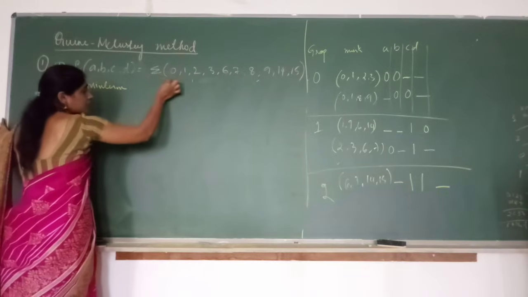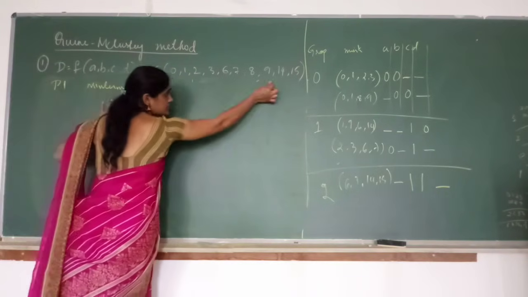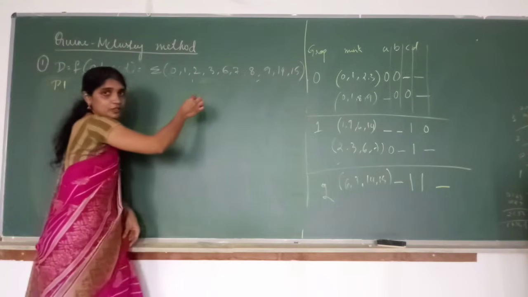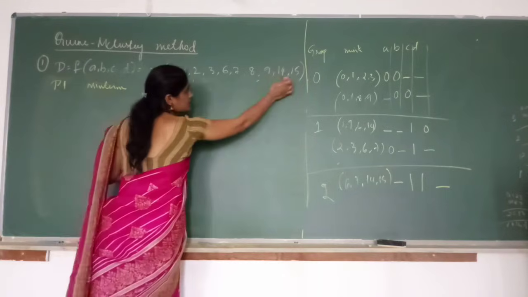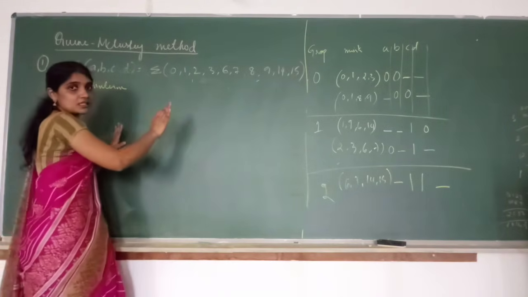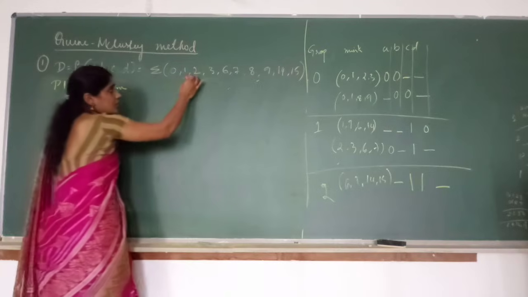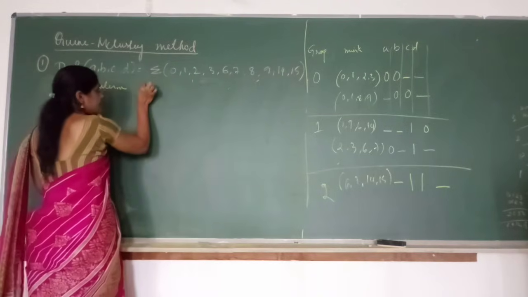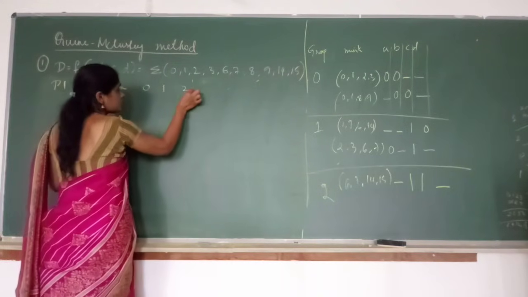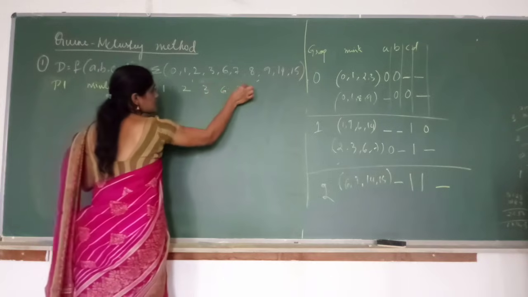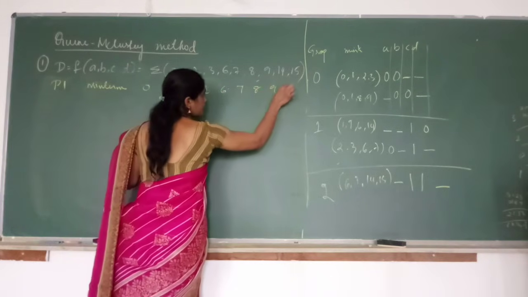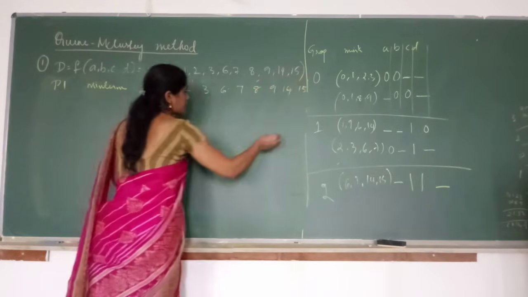That means you write all the mean terms, these are the decimal equivalent values for the mean terms. Write all the mean terms that are given in the question as it is. Prime implicant table, write all the mean terms as it is in the question. 0, 1, 2, 3, 6, 7, 8, 9, 14, 15, right?